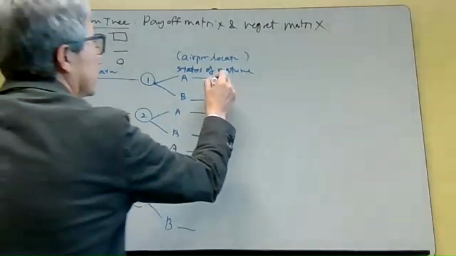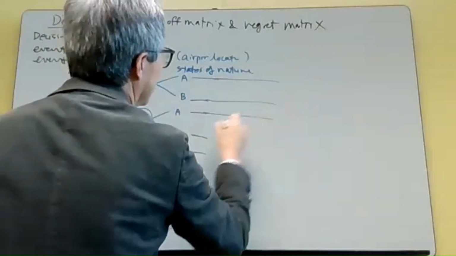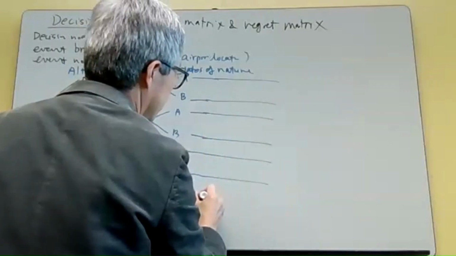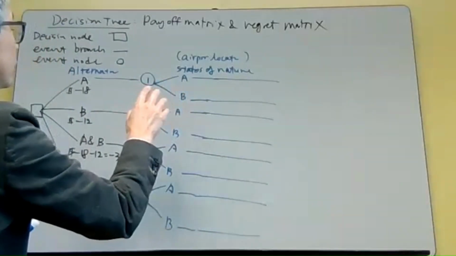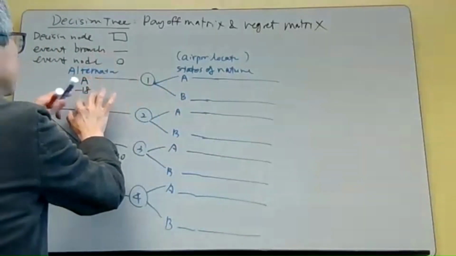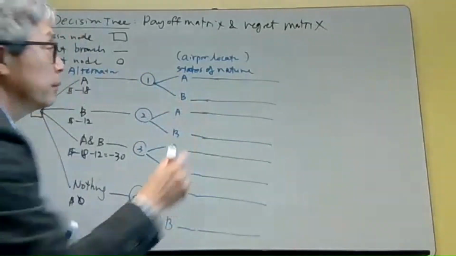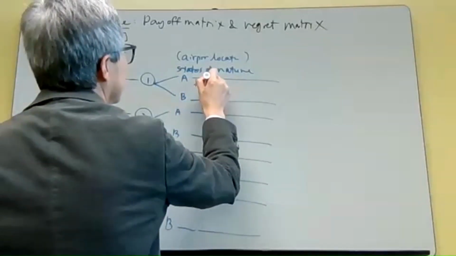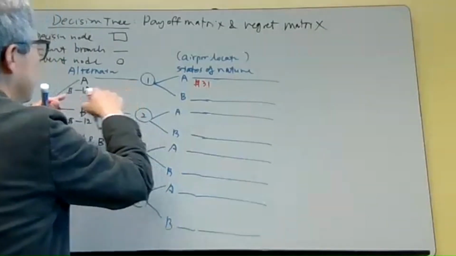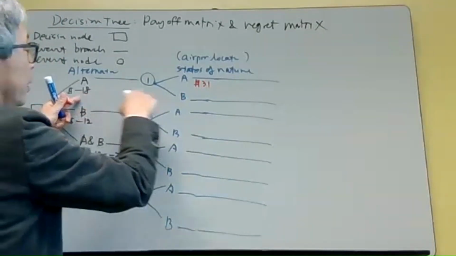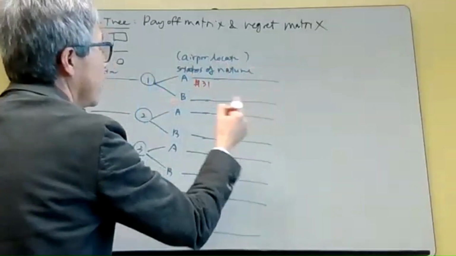Now, under these states, your present value, right? You purchased land A, then the airport is being built at A, so your present value will be 31, right? Cash flow. And if you buy land A, but the airport is being built at B, you need to resell the land.